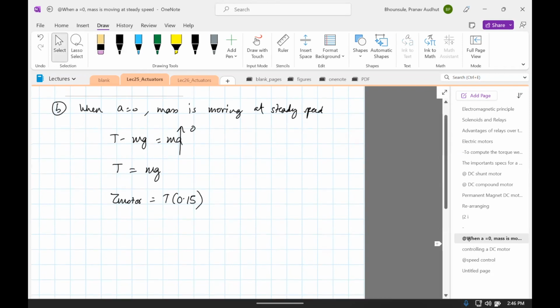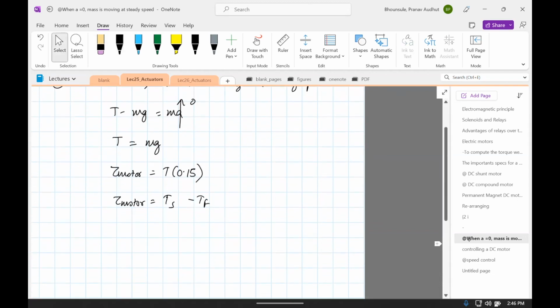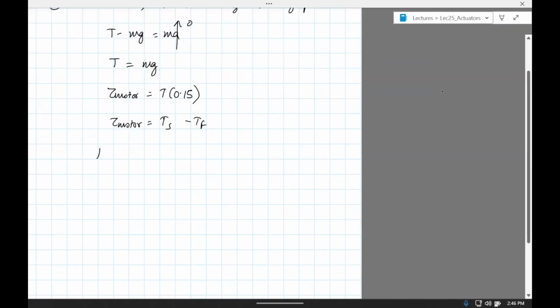And then we also wrote T motor is TS minus TF, sorry. So what we can do is solve for TS. Remember, it's not the starting torque anymore, but the torque we need to move this up. So TS is T motor plus TF, but T motor is T times 0.15, plus TF, and T we know is mg. So mg times 0.15 plus TF.